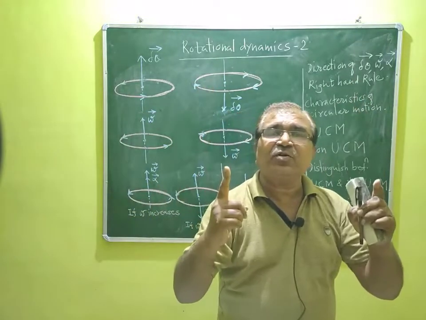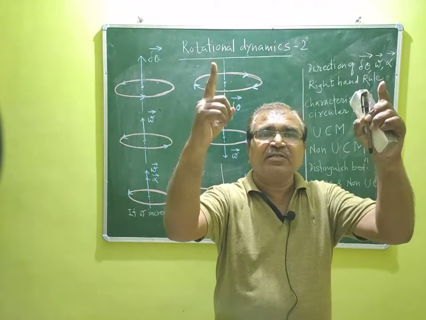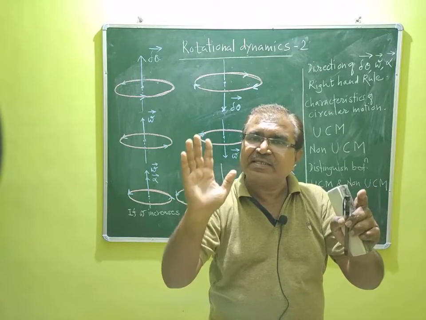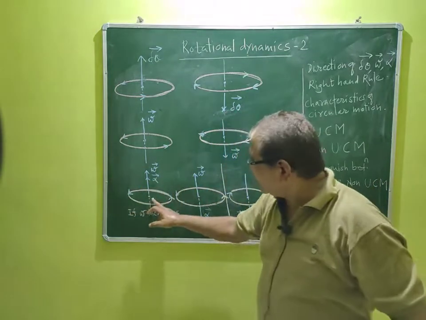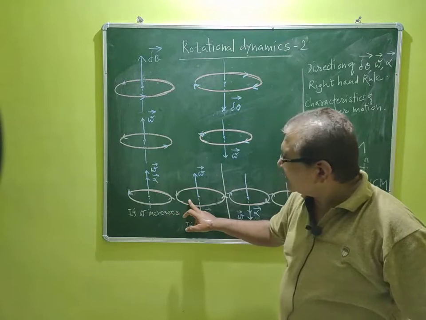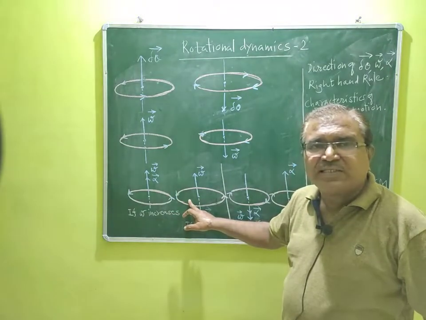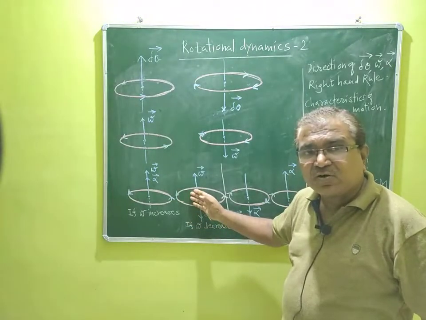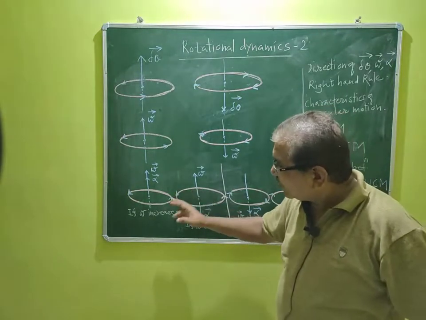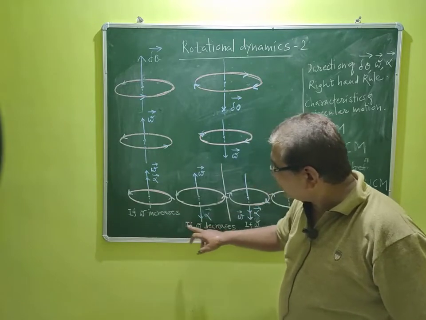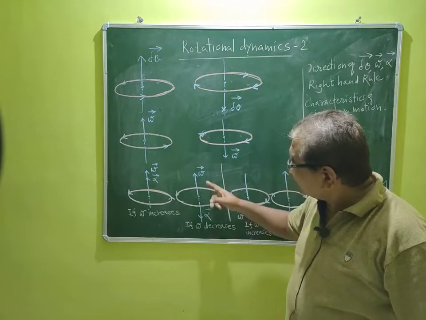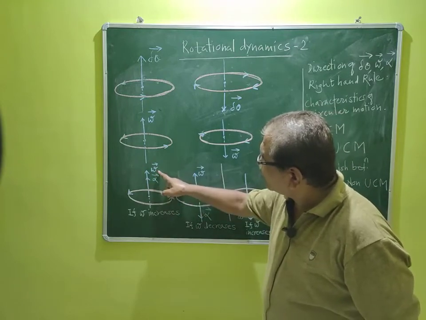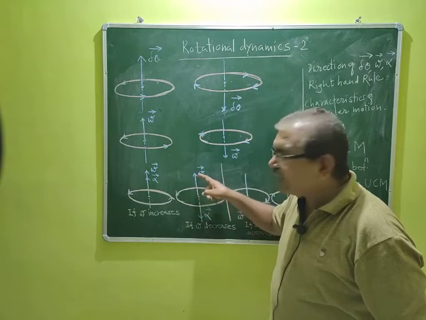The direction of the angular velocity is always upward for a particular anti-clockwise circular motion, because in these two diagrams the circular motion is in the anti-clockwise sense. Though angular velocity increases or decreases, the direction of angular velocity is always upward, omega upward, omega upward.